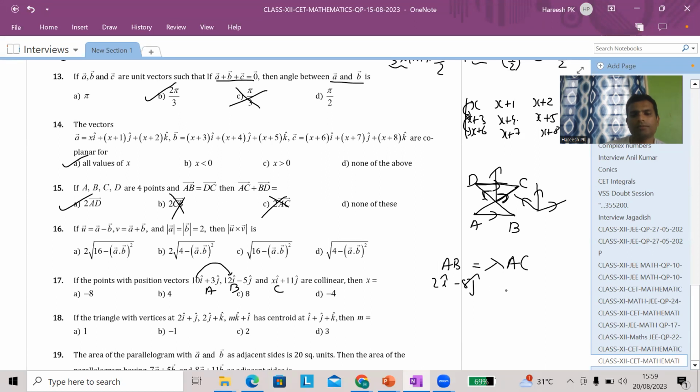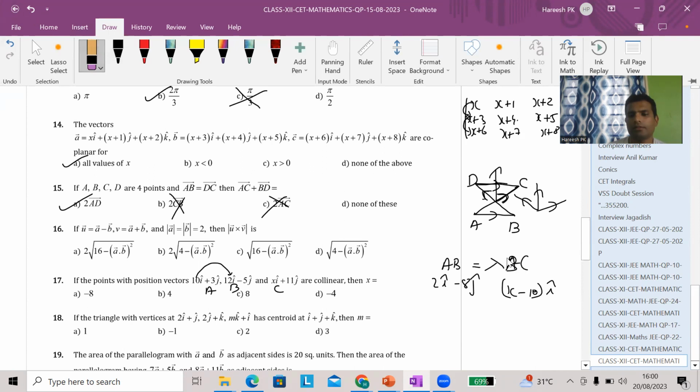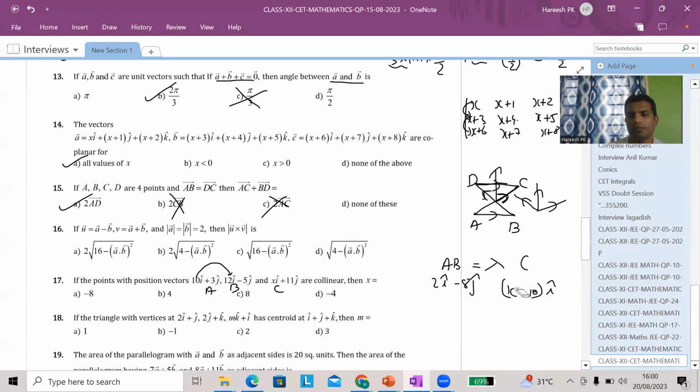And AC is nothing but x minus 10i cap plus, or let's say BC. That will be better. I'll take BC. It will be better. Lambda times BC.